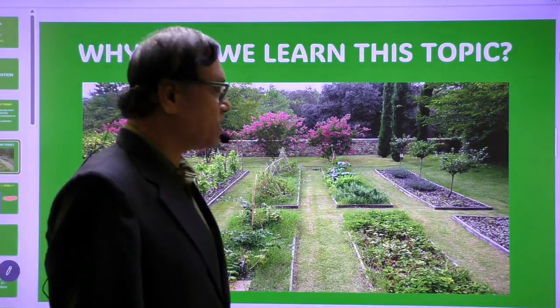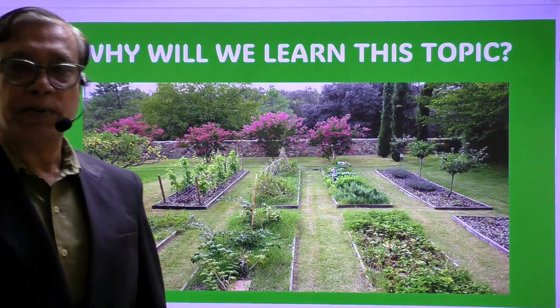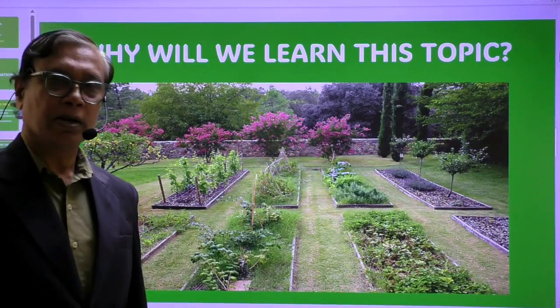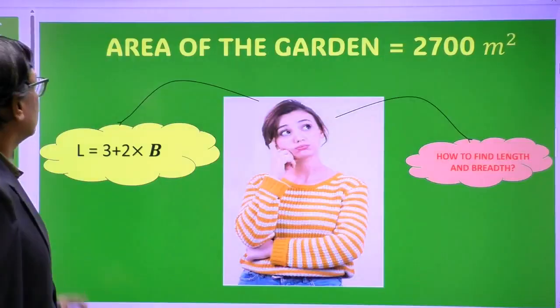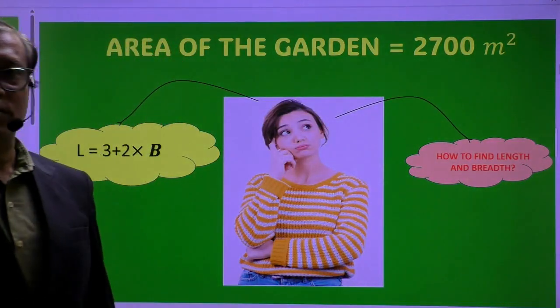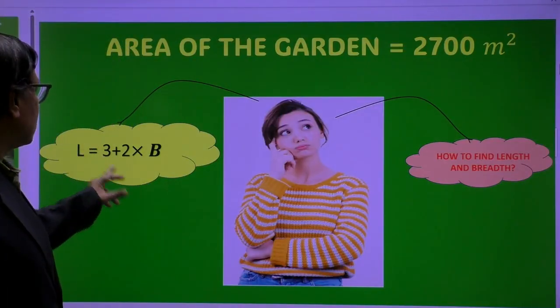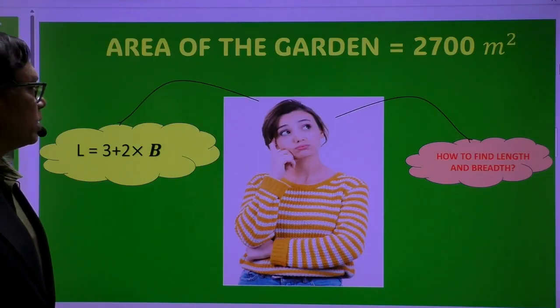Please see this picture. What is it? It is a beautiful garden. A rectangular-shaped, beautiful garden. Now, suppose we know the area of this garden is 2700 meter square, and also we know the length is 3 more than twice its breadth.